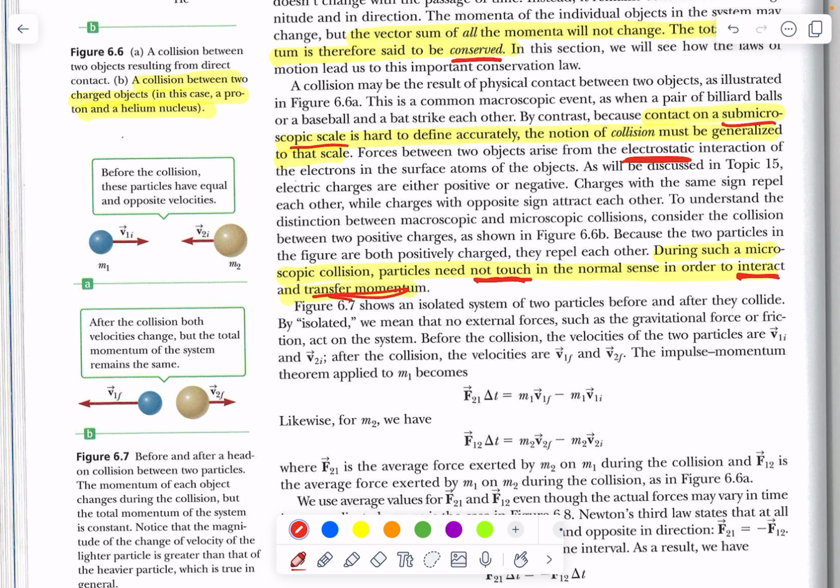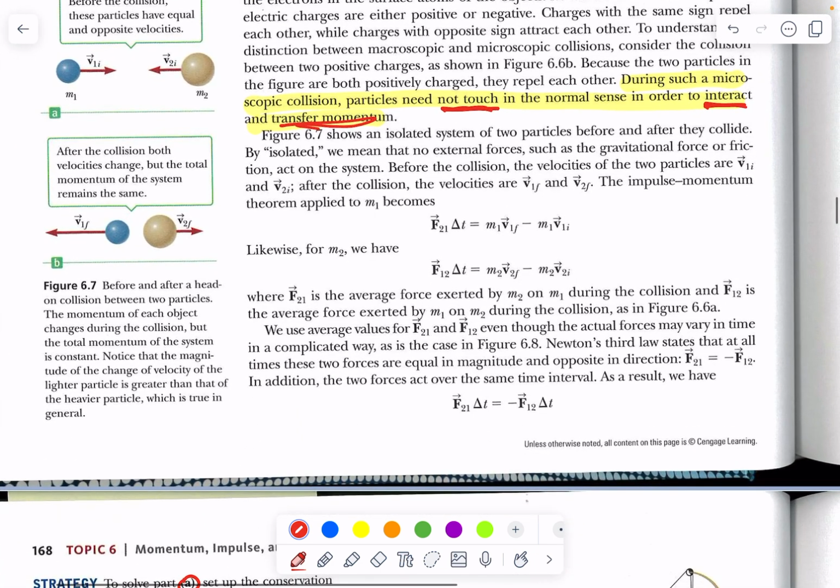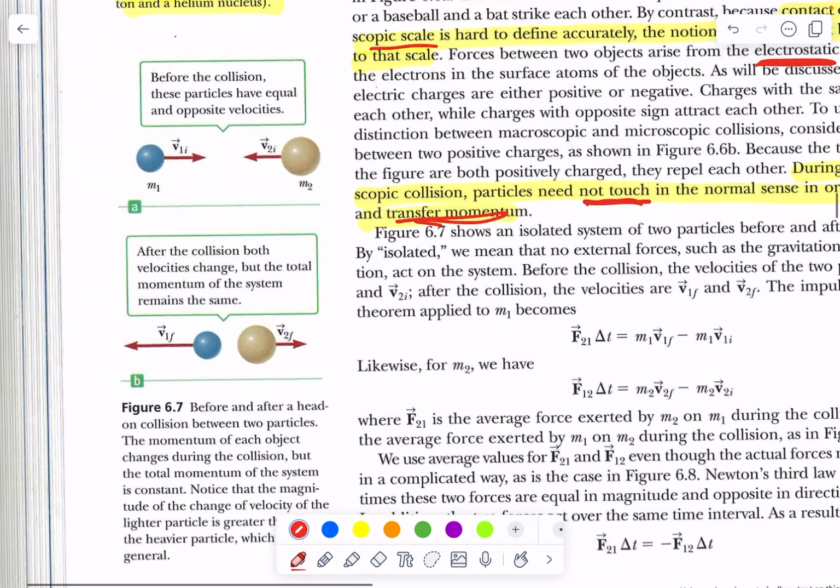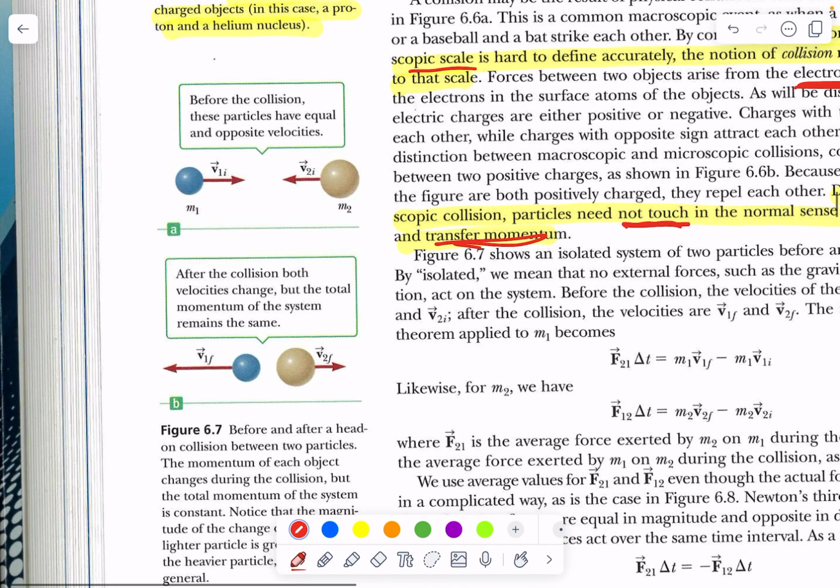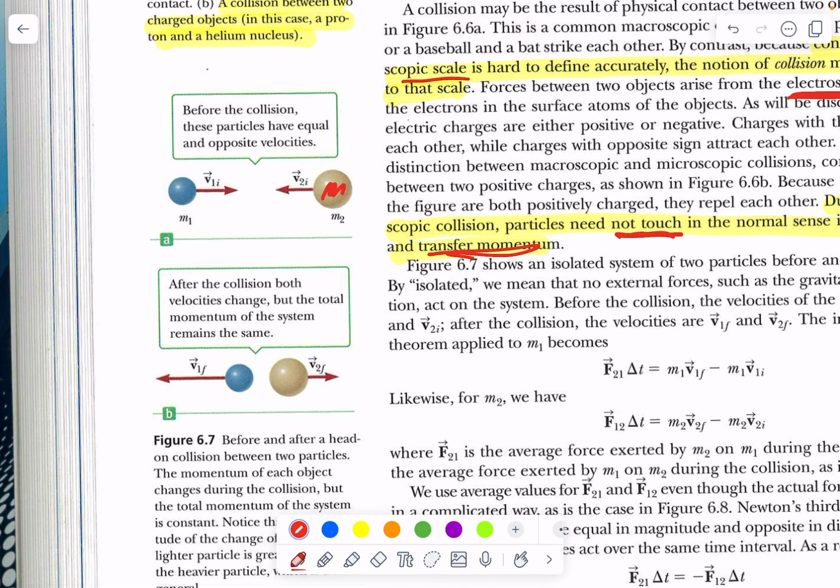So we can talk about the momentum of subatomic particles, like ions and atoms and protons and electrons and nuclei. In the picture over here, we have a larger mass and a smaller mass colliding, moving together, and when they get close enough to interact, not necessarily touch, but to move apart, and this is a small letter m here, not a negative sign.